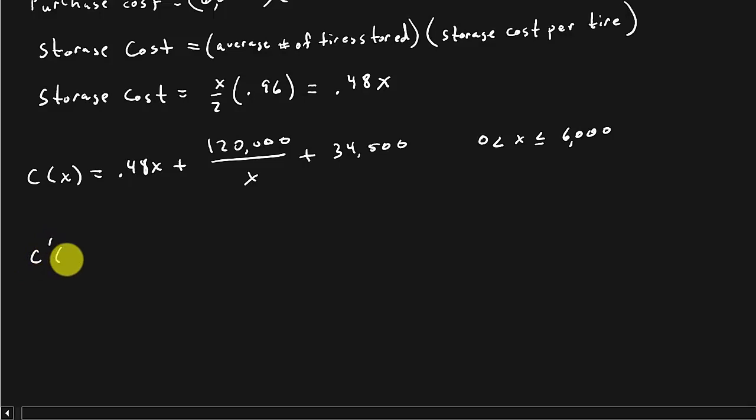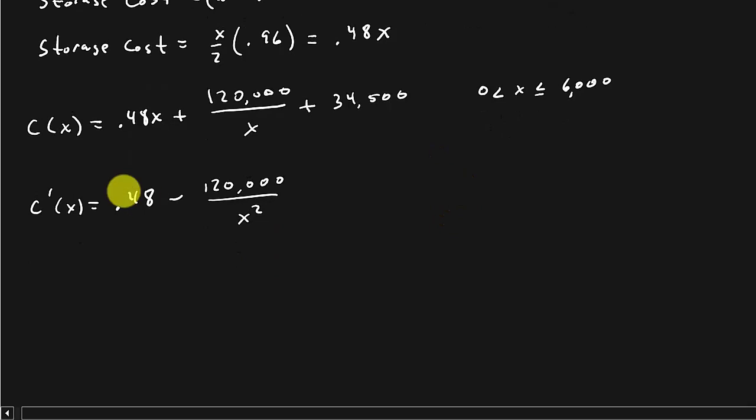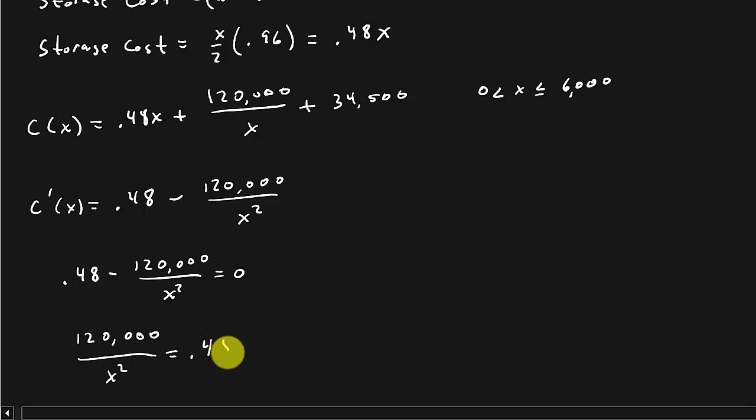All right. So we've got C prime of X is equal to 0.48 minus 120,000 over X squared. We've talked about that a bunch of times. Now I've got 0.48 minus 120,000 over X squared equals 0. So that gives me 120,000 over X squared equals 0.48.